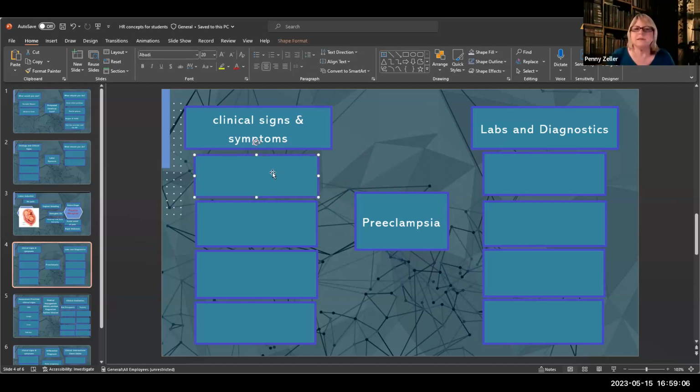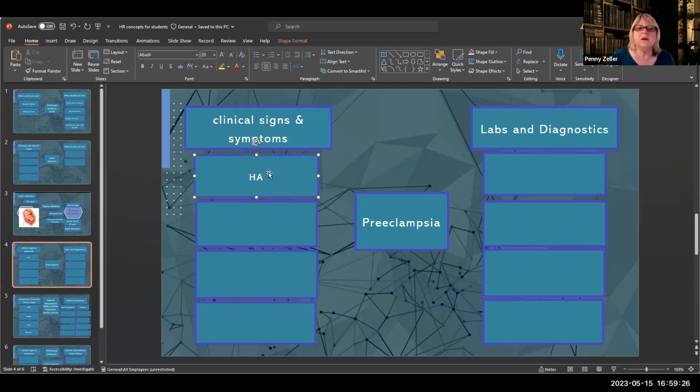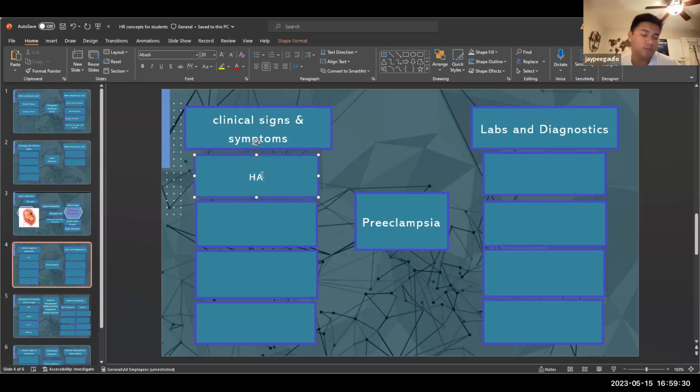Okay, headache, classic. Headache unrelieved by Tylenol. What else? Edema. Edema of what? Lower extremities. That's kind of common in pregnancy towards the end anyway. What is another classic sign? Blurred vision.